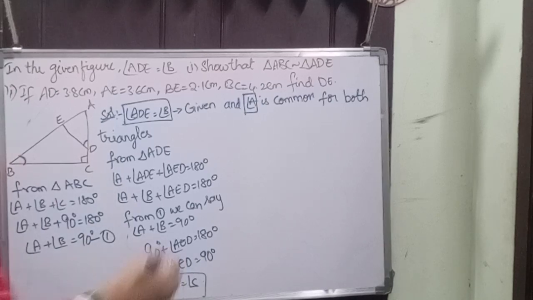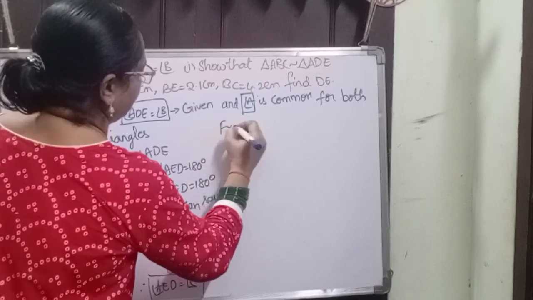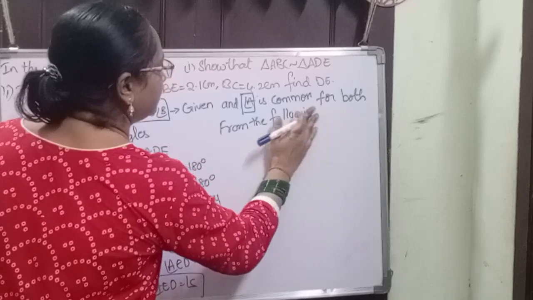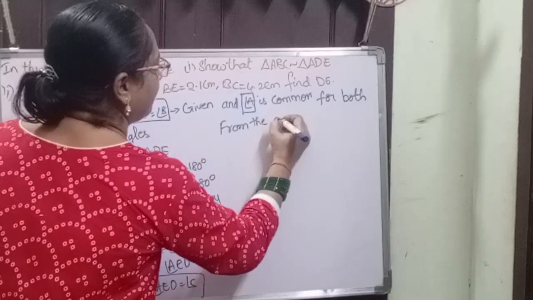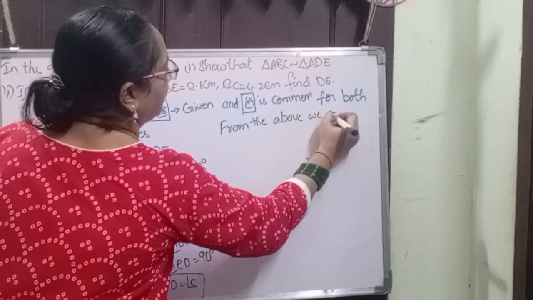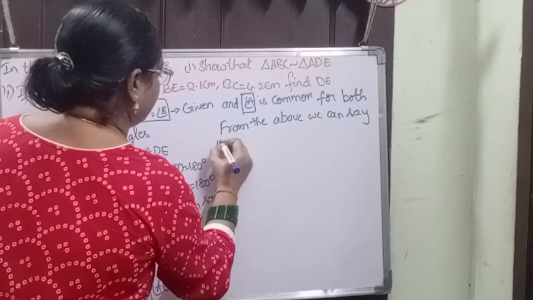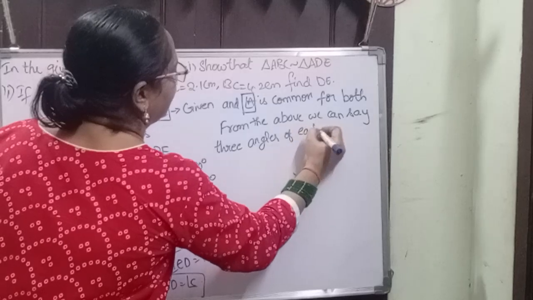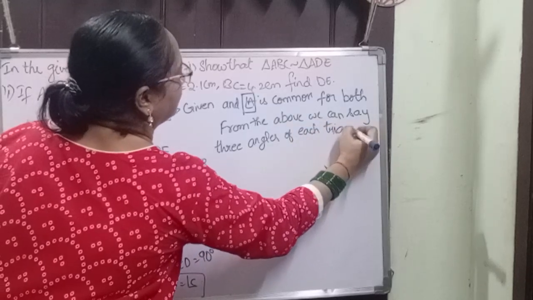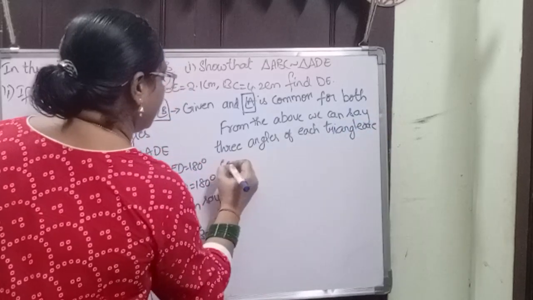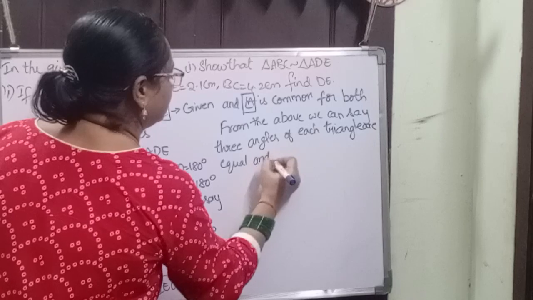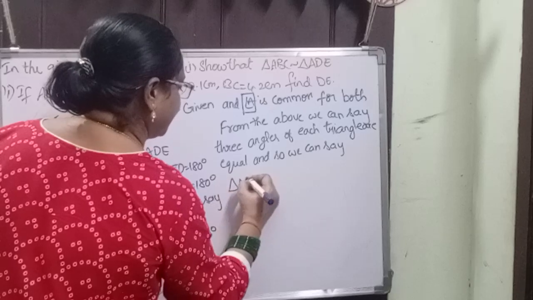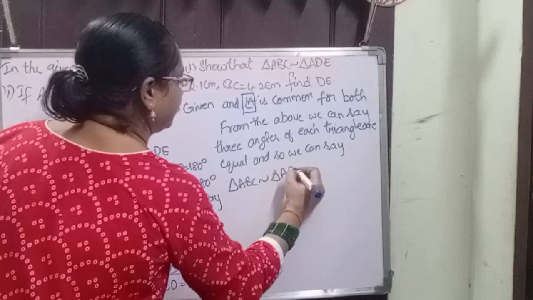Means from the above, we can say three angles of each triangle are equal, and so we can say triangle ABC is similar to triangle ADE.